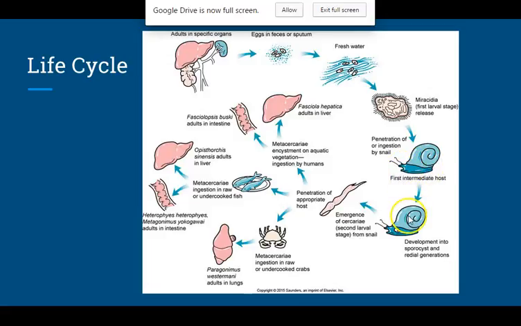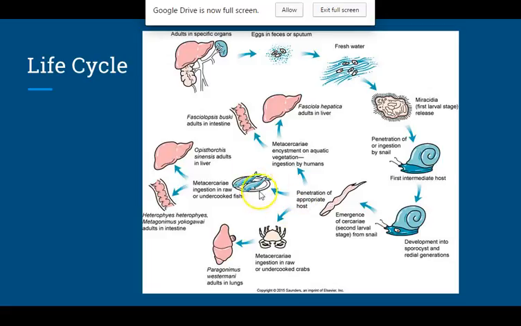Sporocysts will start to develop, that's right here, and then Cercariae, which are second stage larvae that are free swimming, will come out of the snail and are released into the water, and they either get on plants or animals.